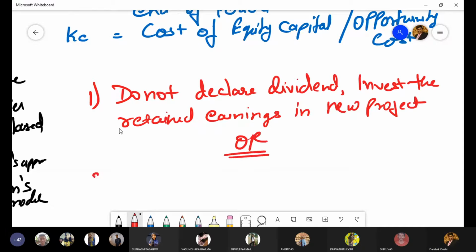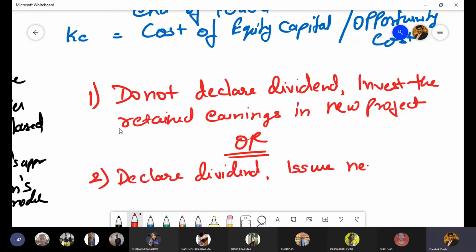Or option two: declare dividend and issue new shares for investing in a new project.